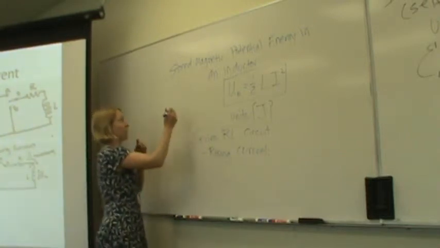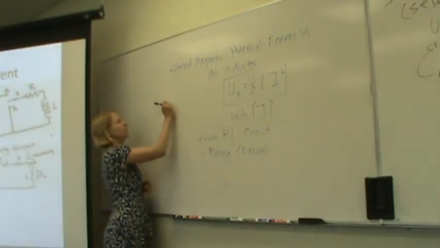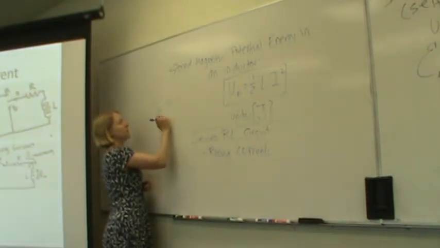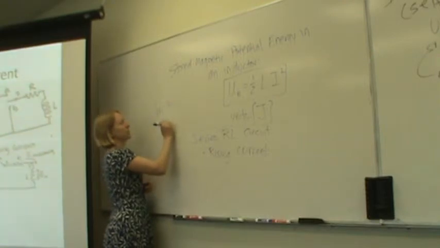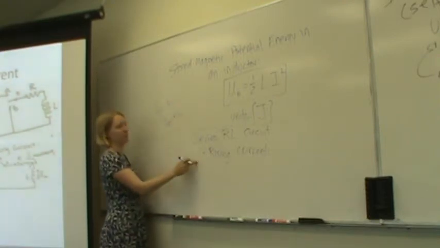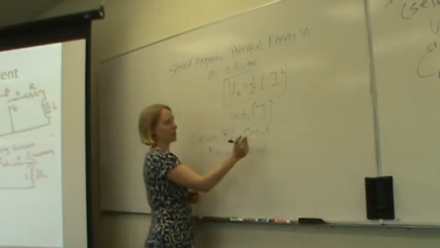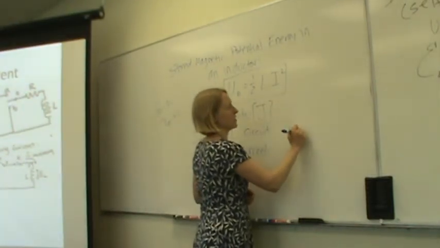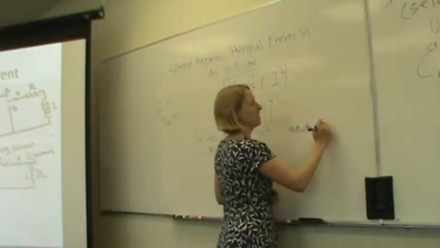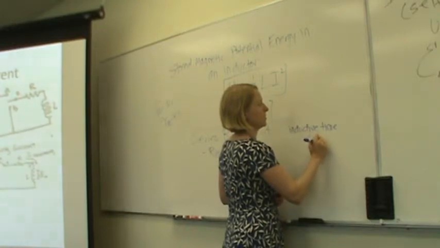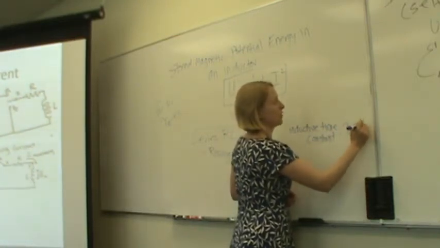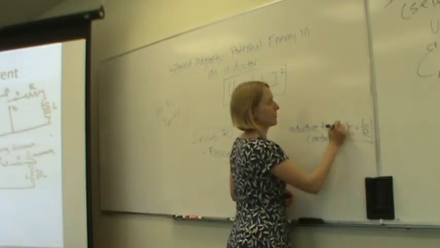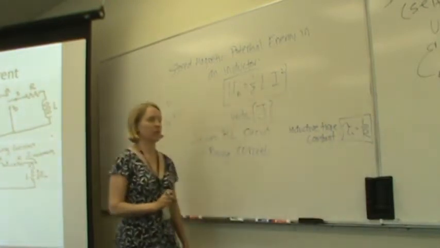For the RC circuit, the capacitive time constant was RC. And so for RL circuits, we've got an inductive time constant, L over R. So it's a little bit different form for us to remember.